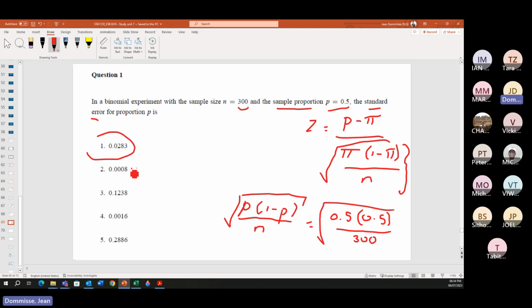So just again, if you get to this and you work with your calculator, if you did 0.5 times 0.5 divided by 300, this is the answer that you will get.